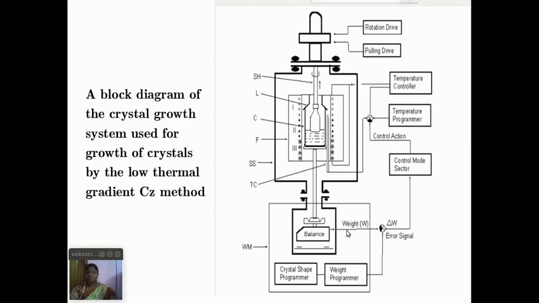These two are linked with an error signal feedback unit. The target crystal diameter and weight are programmed here. The error signal feedback unit is used to maintain the size of the target crystal. So this is the functioning of the low temperature gradient Czochralski method.